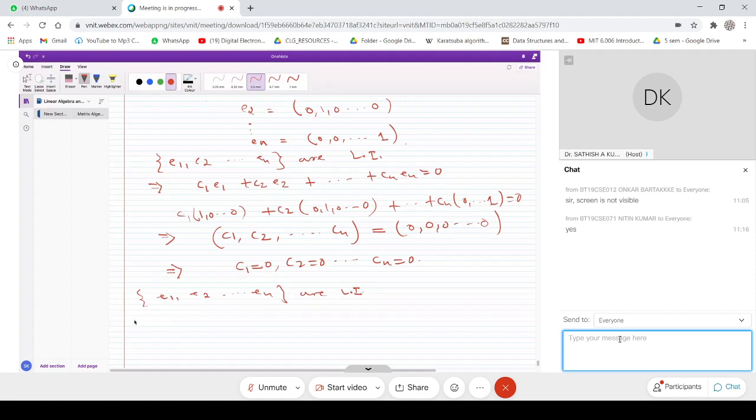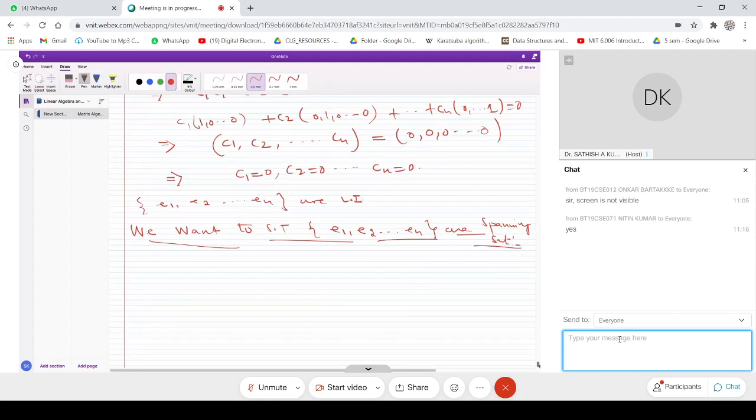Now what we want to prove is that this set E1, E2, ..., En is a spanning set. Spanning set means what? We take some vector in the vector space V, which is expressed as a linear combination of these vectors E1 to En.